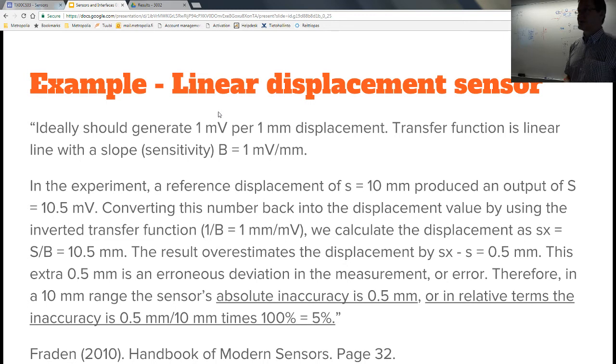Displacement transfer function is simply a single slope, but okay, 10 millimeters would provide 10.5. Okay, 1 point calibration, you can actually then do that kind of math. So okay, it says inaccuracy of 0.5 millimeter and so on.